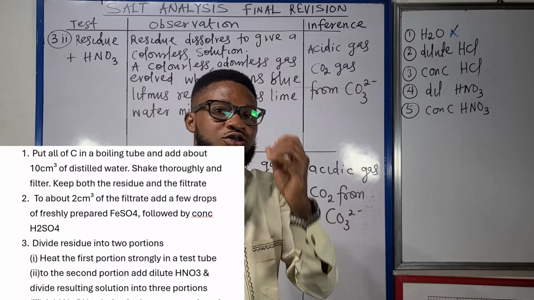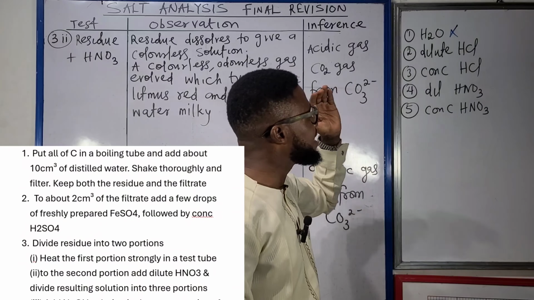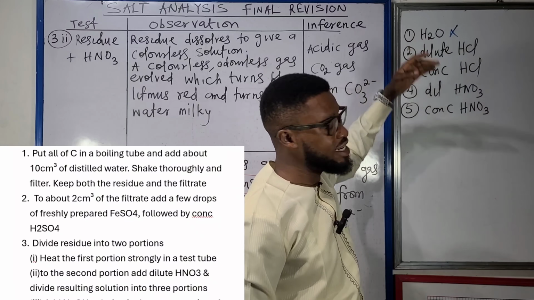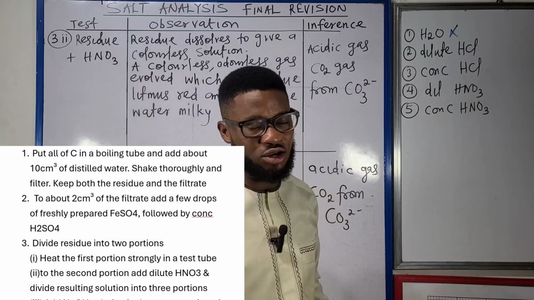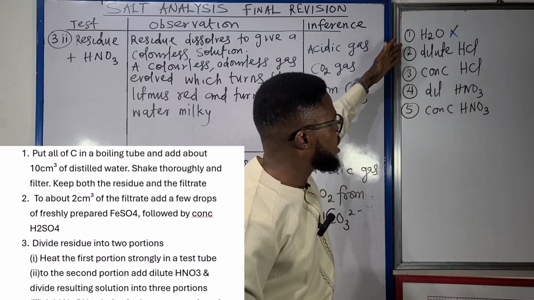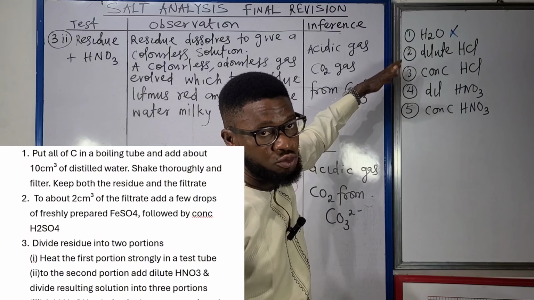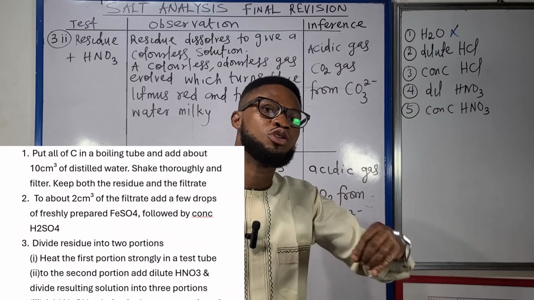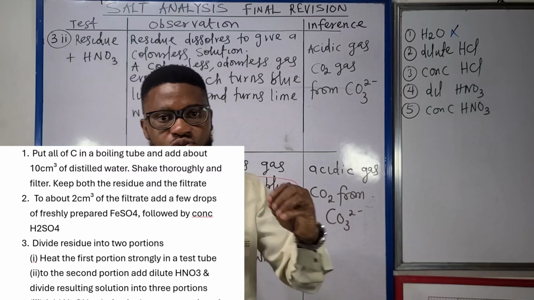When water cannot dissolve a sample, then the next possible thing we have to move to is dilute HCl and then conc HCl. We believe that these acids, both in the dilute and in the conc form, should be able to dissolve the solid. And in dissolving the solid, it must not form another insoluble solid.